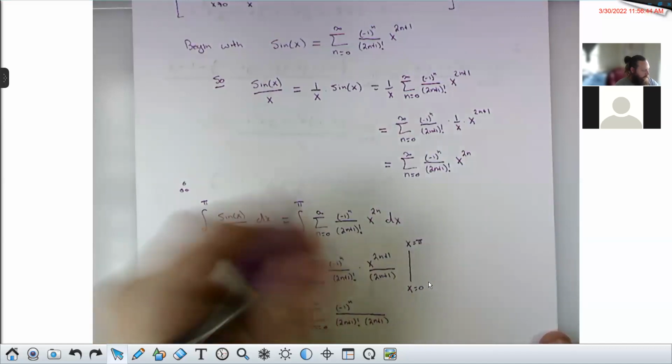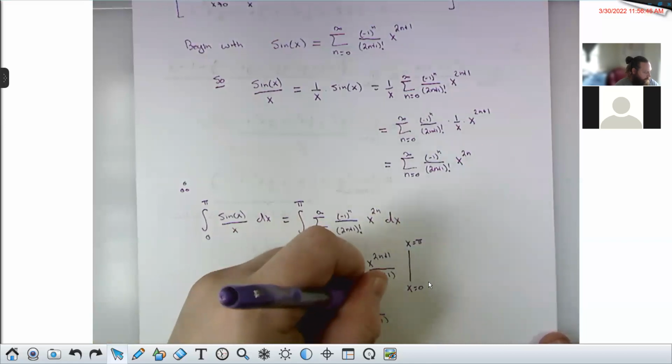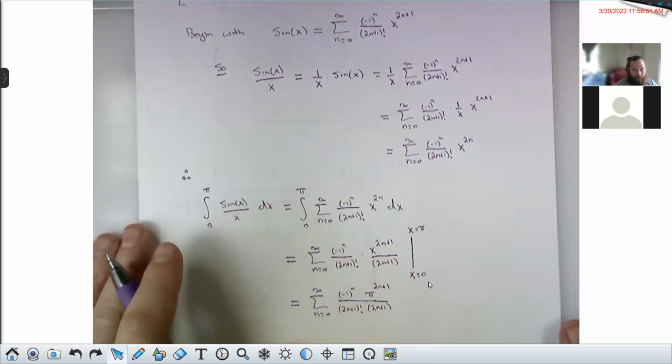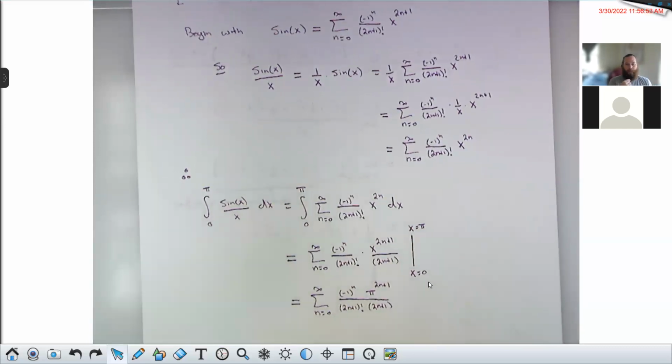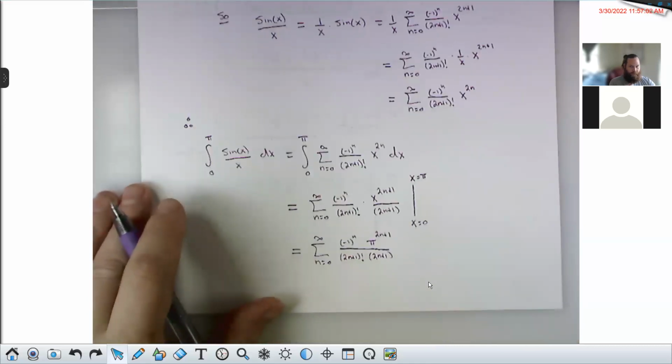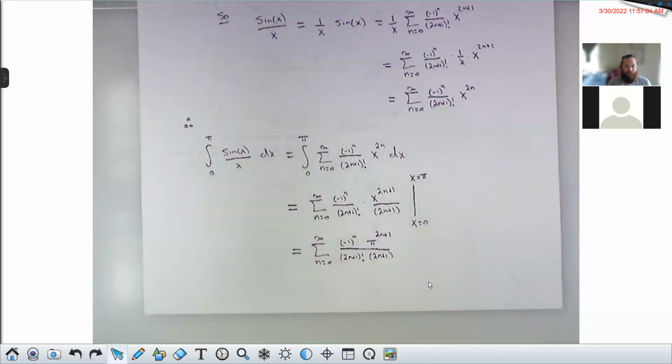And then upstairs, you're going to have a pi raised to the 2n plus 1. Pretty neat, right? And again, this is a number.